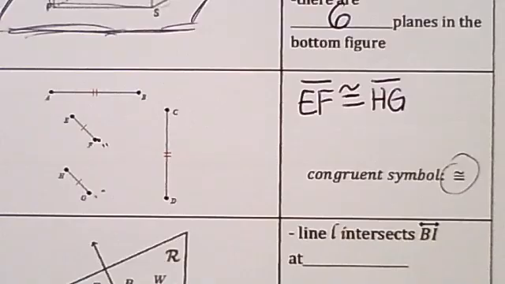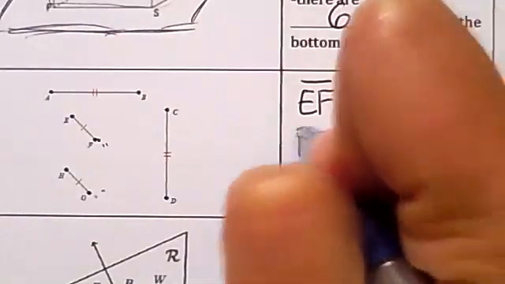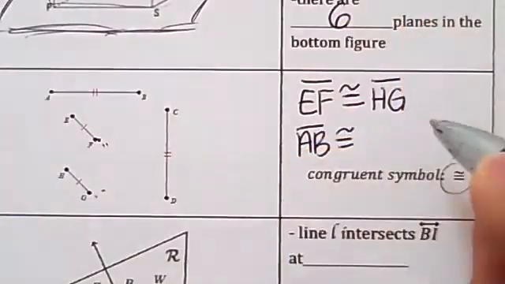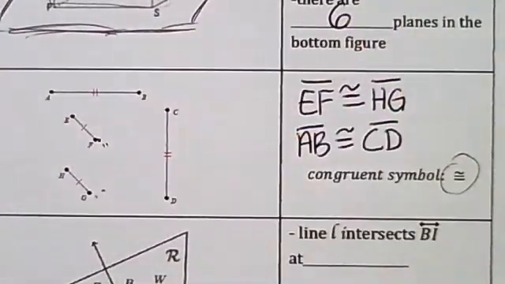So that's called a congruent statement, just stating that those segments are congruent. I'm going to do one for AB and CD also. So AB is congruent to CD. Capital letters for my points, that's super important, and then bars on top. Okay, so that's congruent segments.